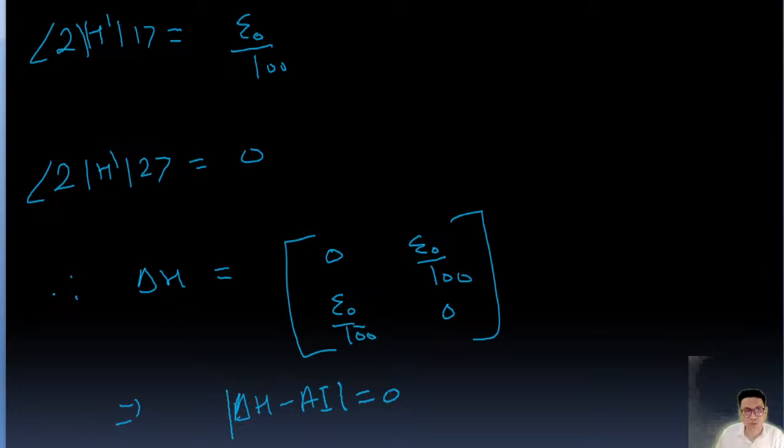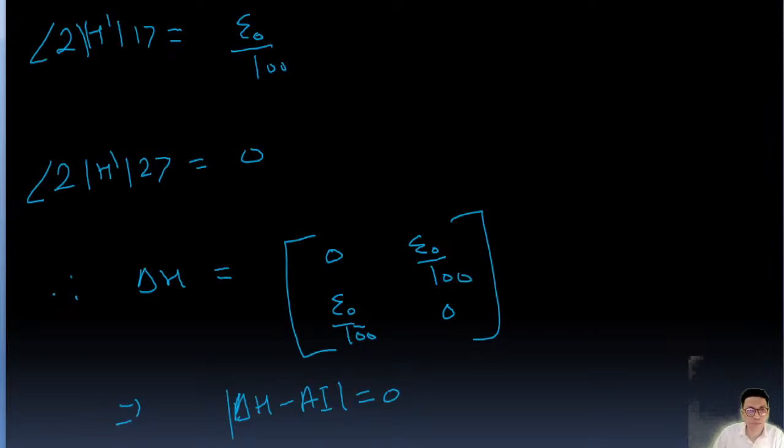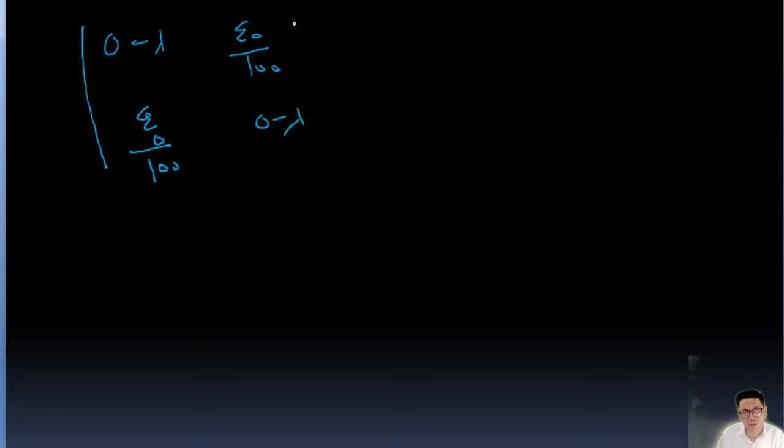So this is going to be 0 minus lambda and E naught upon 100, E naught upon 100, into 0 minus lambda, not equal to 0, right?